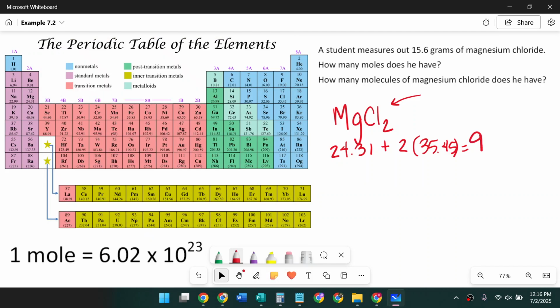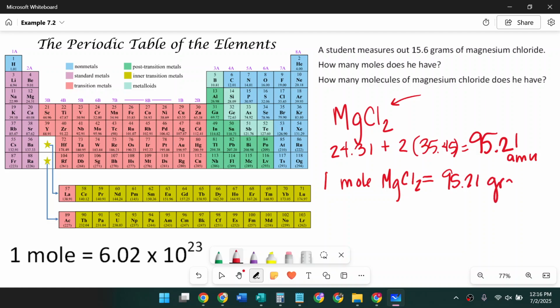So this is 95.21, and that's AMU. But that number also means that if we have 1 mole of magnesium chloride, or MgCl2, we would need 95.21 grams worth of magnesium chloride to make 1 mole.